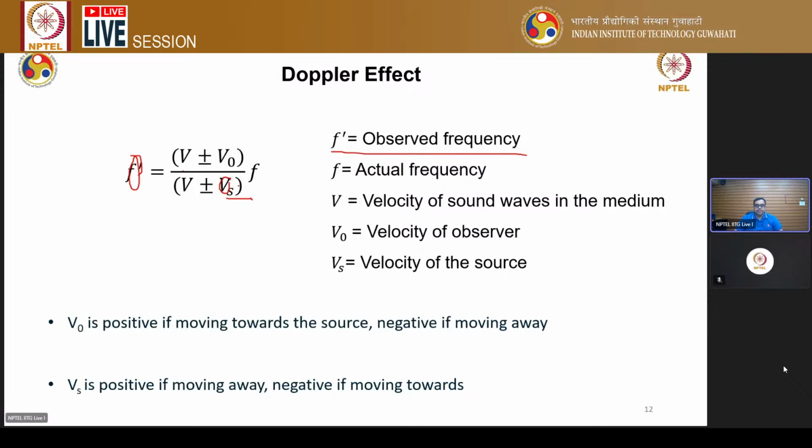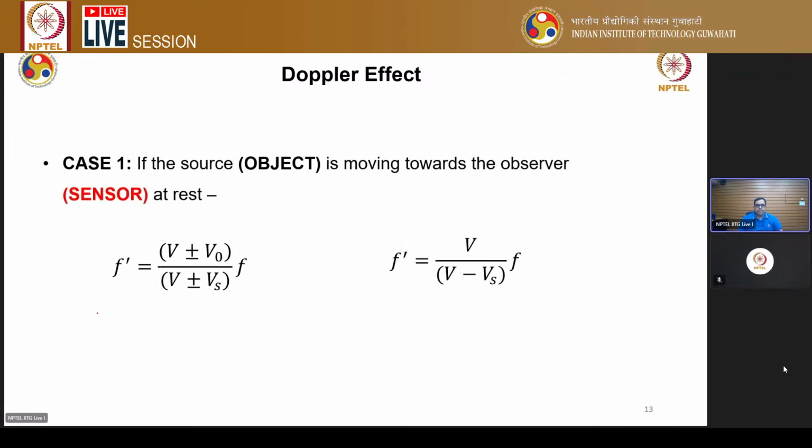We have taken a certain convention to understand these frequencies. If the source, or the object which we try to detect, is moving towards the observer, say you have deployed a sensor at rest, then because of the Doppler effect the frequency you obtain is V by V minus Vs.